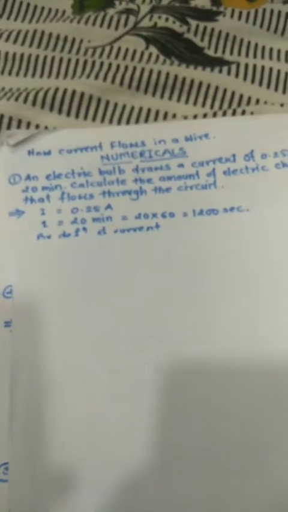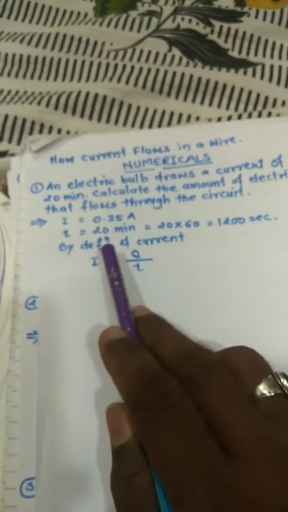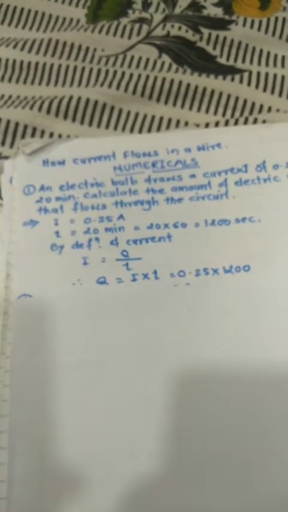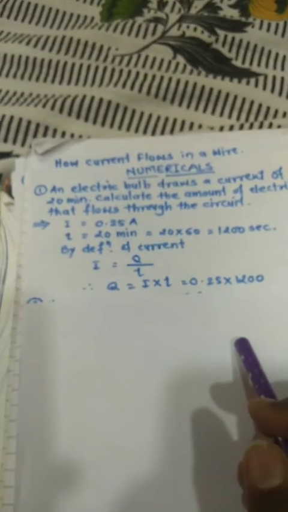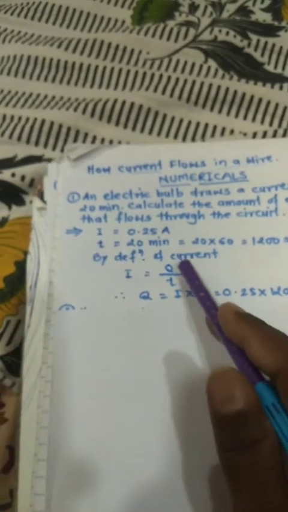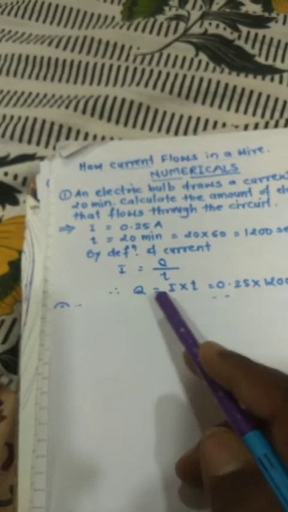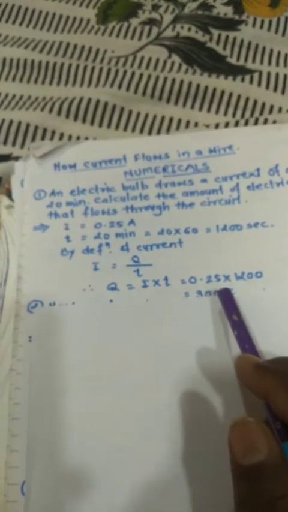By the definition of current, I equals Q by T. Q means charge and T means time. Therefore Q equals I into T, which equals 0.25 into 1200.